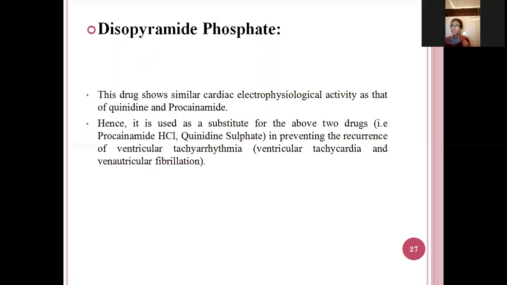So it is used as a substitute for the above two drugs, that is procainamide hydrochloride and quinidine sulfate, because it shows similar activity. So it can be used as a substituent in place of these two drugs in order to prevent ventricular tachyarrhythmias.